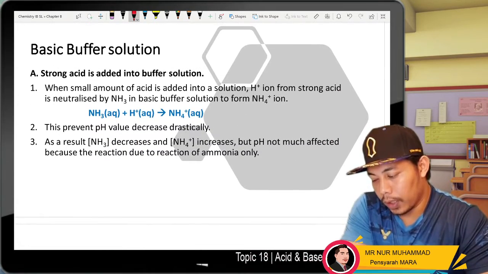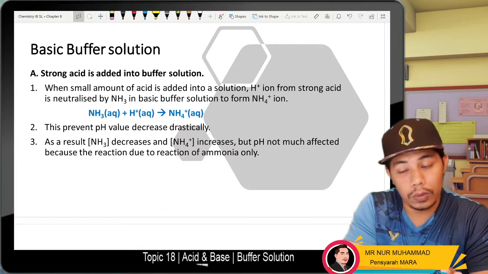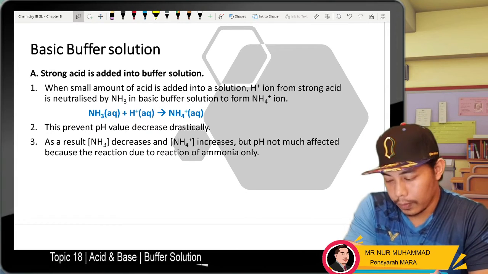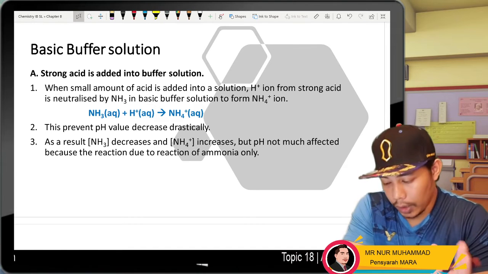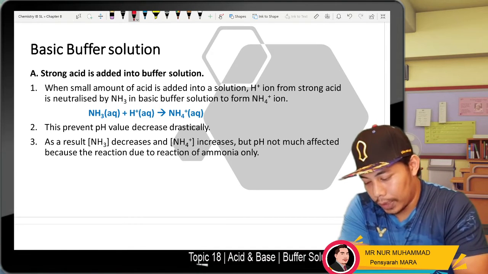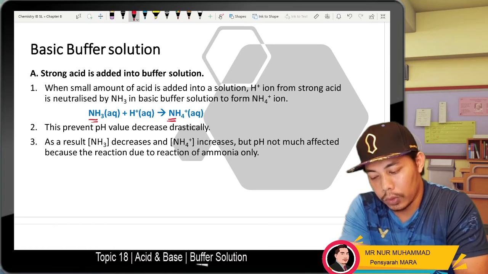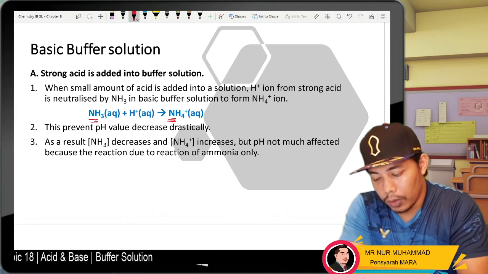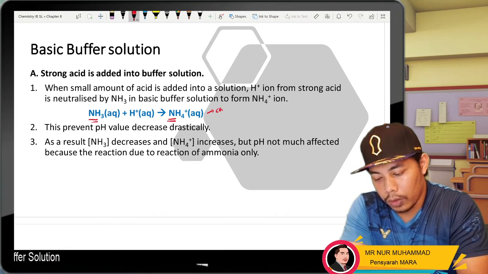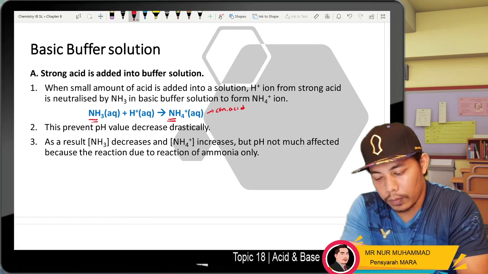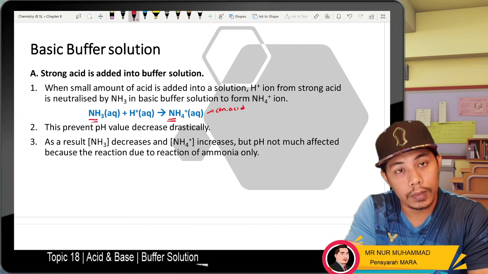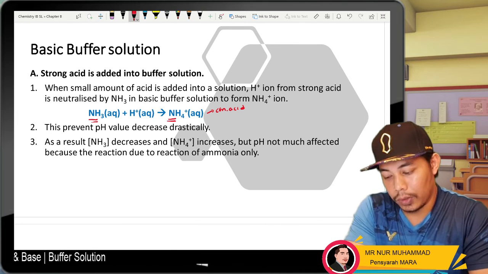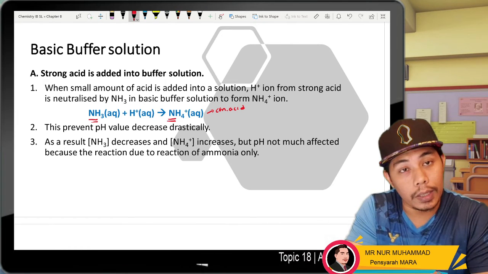Now, what happens to the basic buffer solution when we add a strong acid? The strong acid contains hydrogen ion. This hydrogen ion is neutralized by ammonia to produce ammonium ion. Even though ammonium ion is a conjugate acid, the pH does not decrease drastically, because it is just a weak acid compared to hydrogen ion.